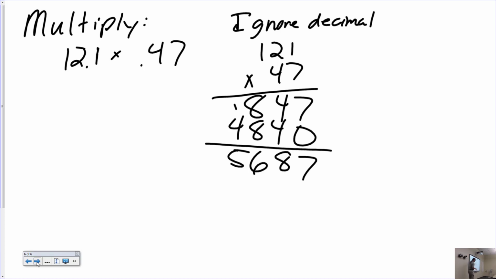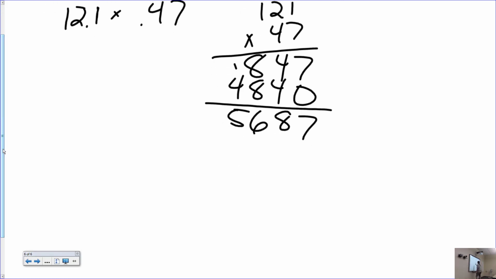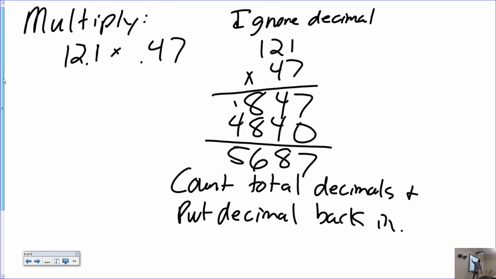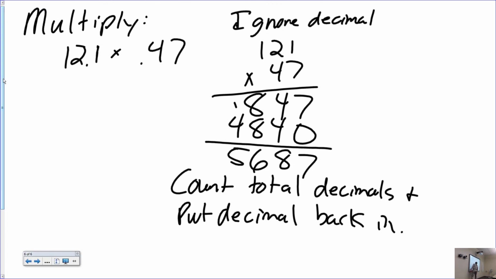Then go back and count your decimals. Count total decimals and put the decimal back in. So how many decimals are in this number? 1.